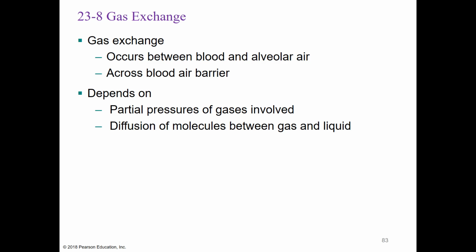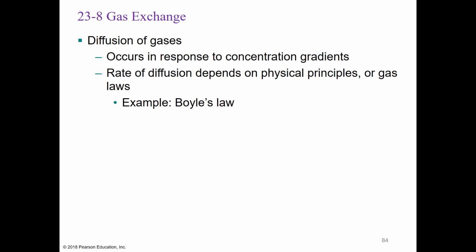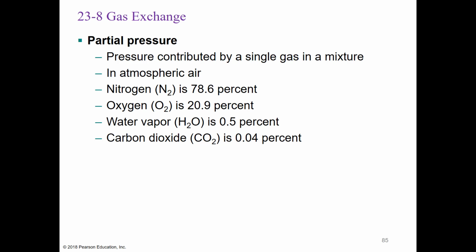The diffusion of gases will occur in response to concentration gradients of those gases. The rate of diffusion can depend on physical principles or gas laws like Boyle's law, which we mentioned before, and we saw how that could determine which way things were moving. Partial pressure, again, is the pressure contributed by a single gas in a mixture of gases.